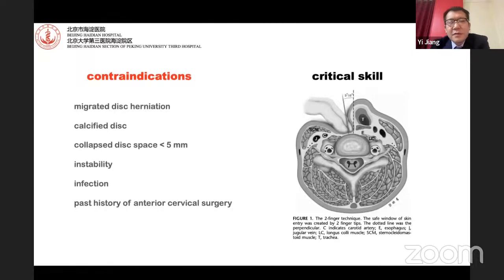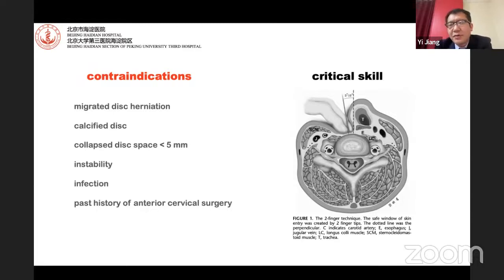The anterior percutaneous endoscopic cervical procedure has its own contraindications, such as migrated disc herniation, calcified disc, collapsed disc space less than 5 millimeters, cervical instability, infection, and a past history of anterior cervical surgery.